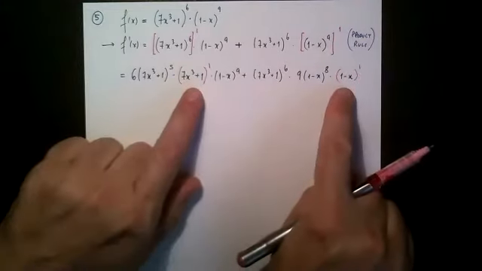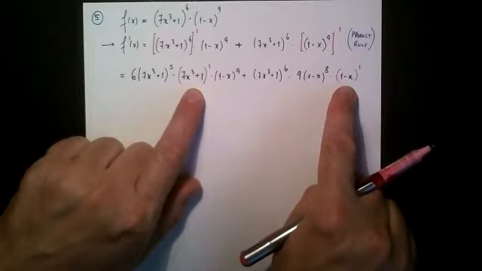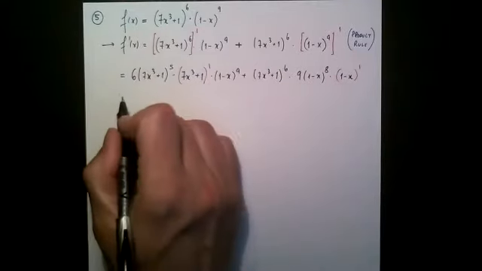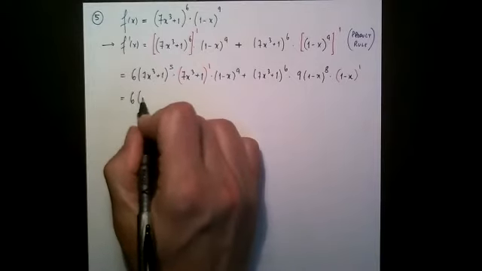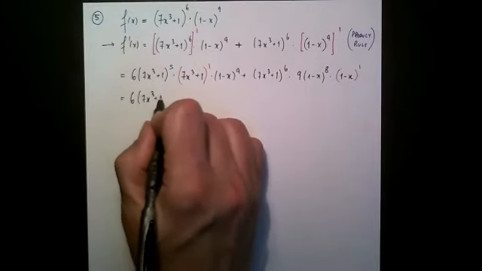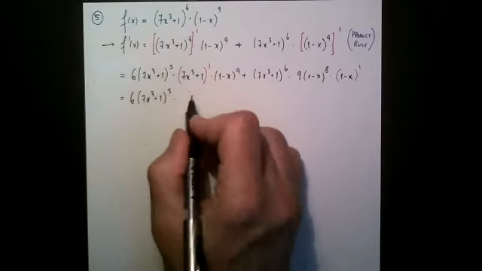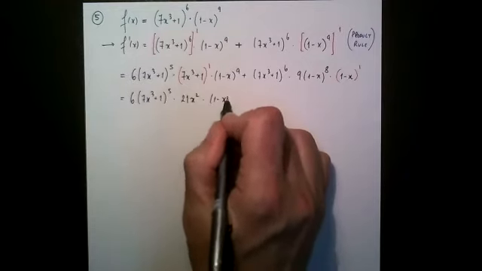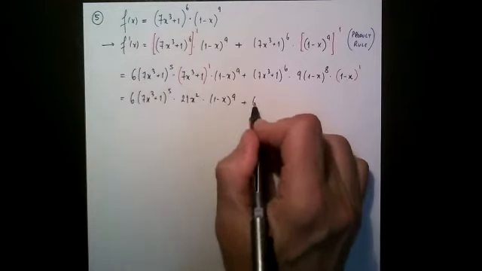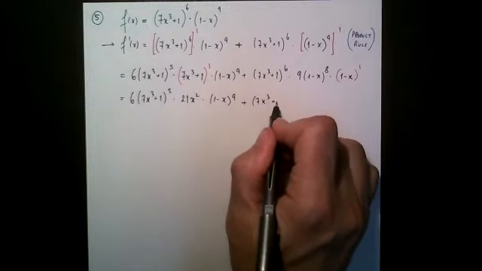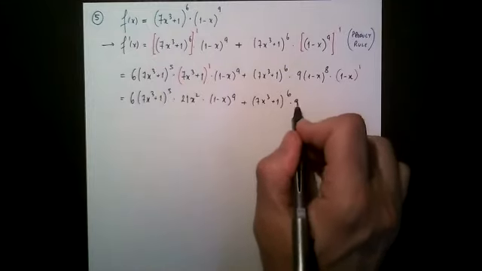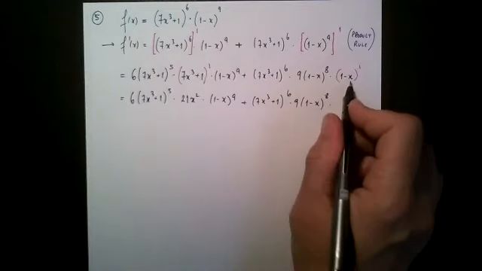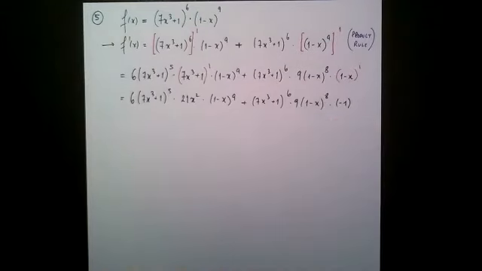Now I have two more derivatives to evaluate, which are pretty easy. So it's equal to 6 times (7x^3 + 1) to the power 5 times 21x^2 times (1 minus x) to the power 9, plus (7x^3 + 1) to the power 6 times 9 times (1 minus x) to the power 8 times, and this is -1, and that's it.